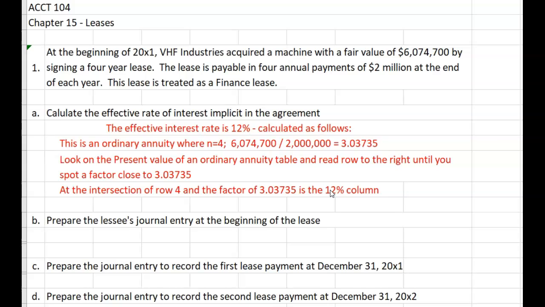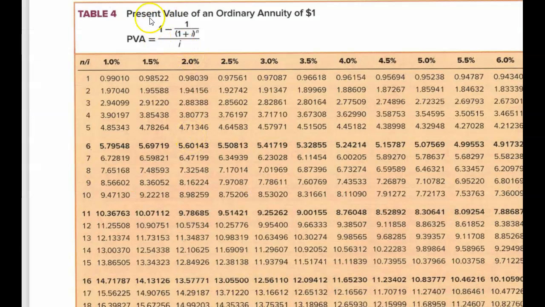Let's take a look at the present value of an ordinary annuity table. Present value of an ordinary annuity, table 4, year 4, n equals 4. Reading over to the right, looking for our factor of 3.03735, we're not even close. So it's going to be at a higher interest rate.